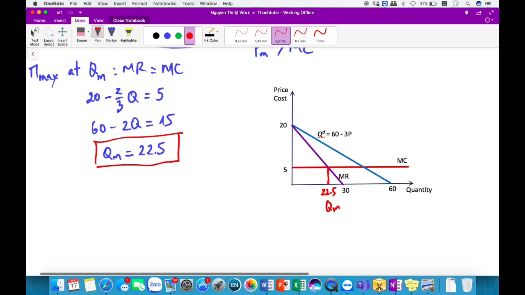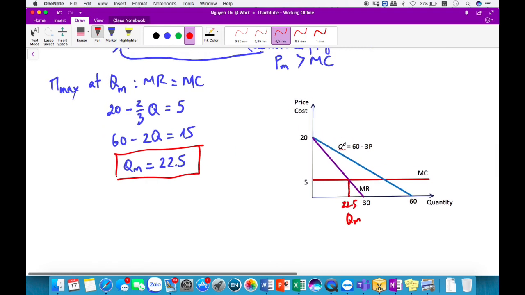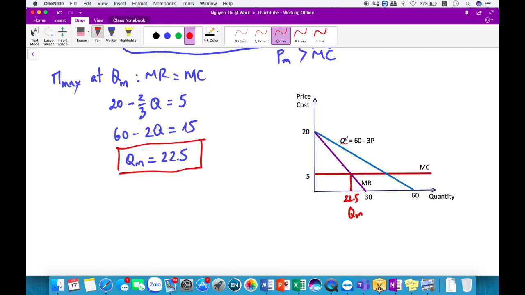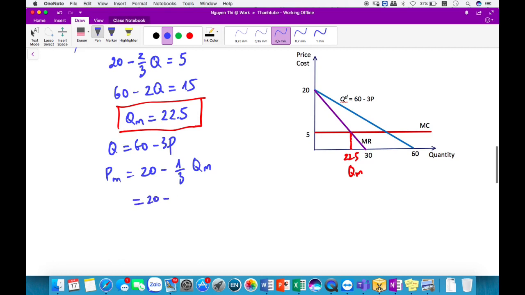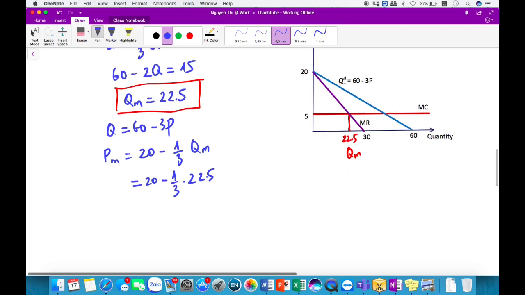Next we need to define the price under monopoly by using the demand curve. So you have Q equals 60 minus 3P, or PM equal to 20 minus 1/3 QM, equal to 20 minus 1/3 times 22.5, and so PM equal to 12.5.